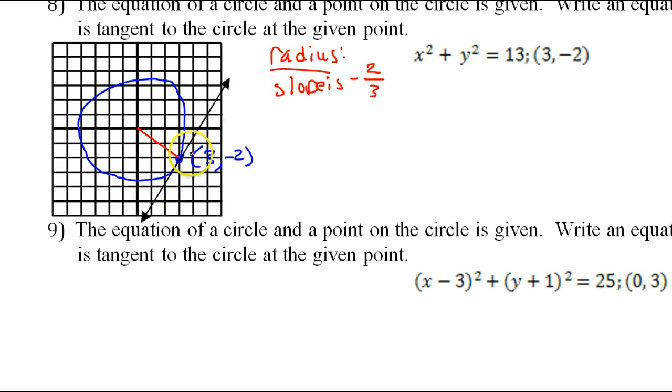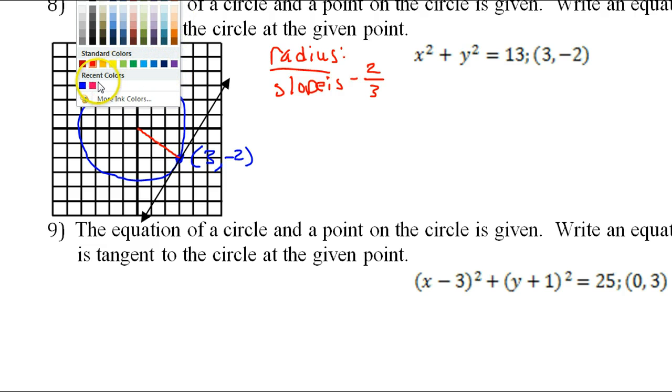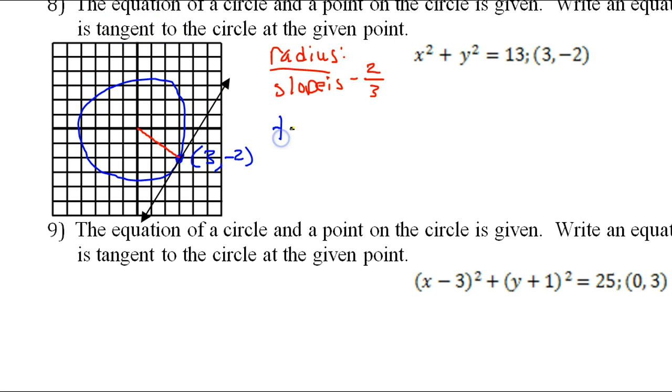Now, what we need is the slope of the tangent line instead. For the tangent line, the slope is, now the tangent line and the radius are always perpendicular.